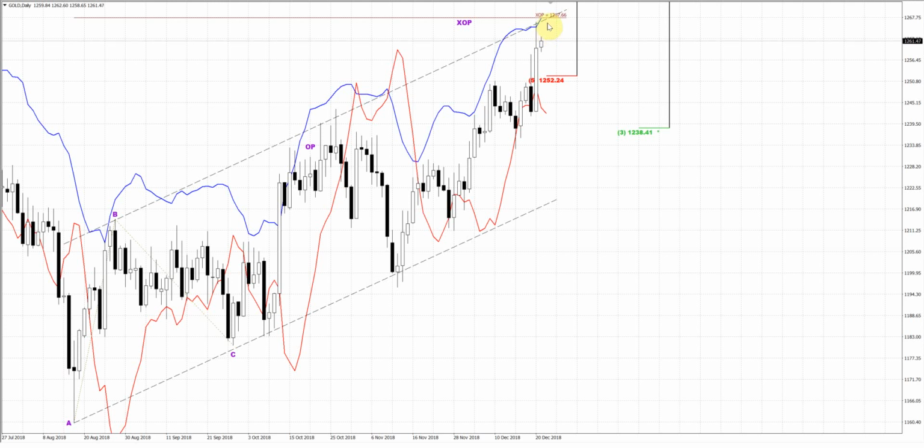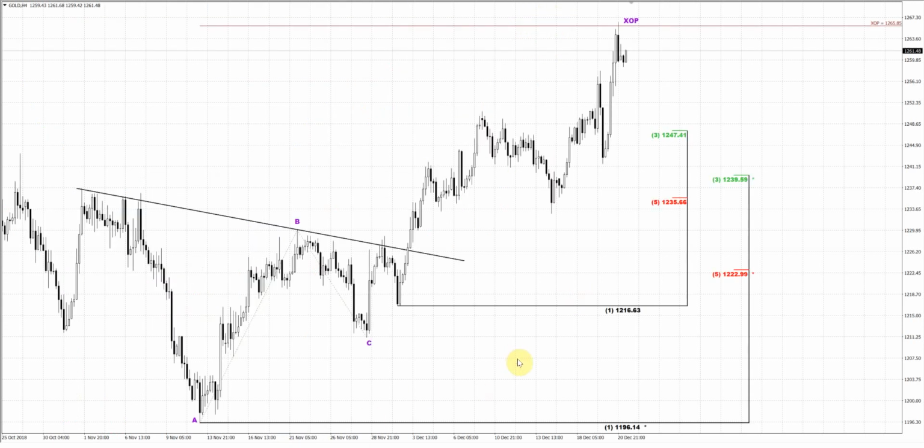That's why I suggest that we close our positions, or the rest of our positions, because we partially closed them a bit earlier, and see what happens in the nearest future. On the 4-hour time frame chart, we have our head and shoulders pattern, and the last leg of this upward direction, the XOP, has also been hit, because it stands at the same 1265 target.